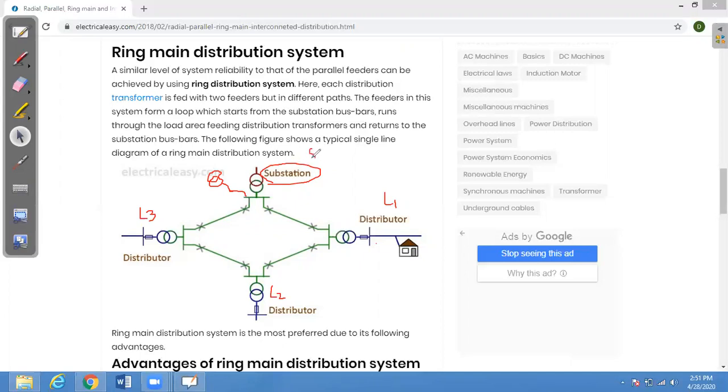For example, if this is substation 1, so if I connect another substation 2 in parallel with substation 1, so in case S1 fails, then the load will be supplied by the substation S2.